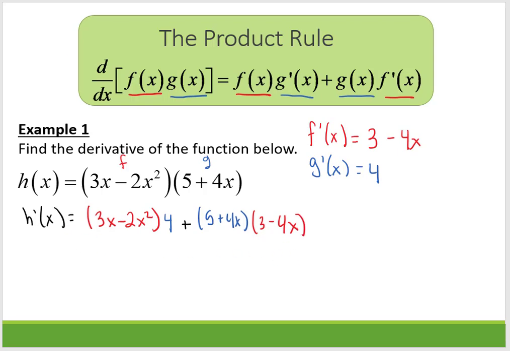And then I want you to simplify that, do a bunch of foiling and a bunch of simplifying. I'm not going to do that in this video because honestly you guys know how to do that math, but I would recommend you do that and you should get negative 24x squared plus 4x plus 15.